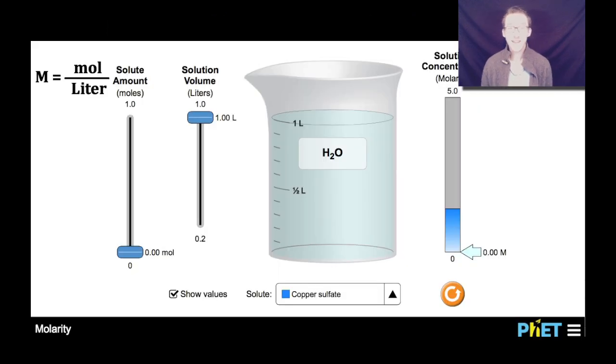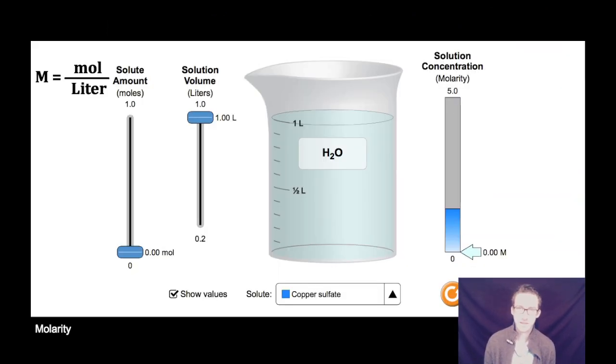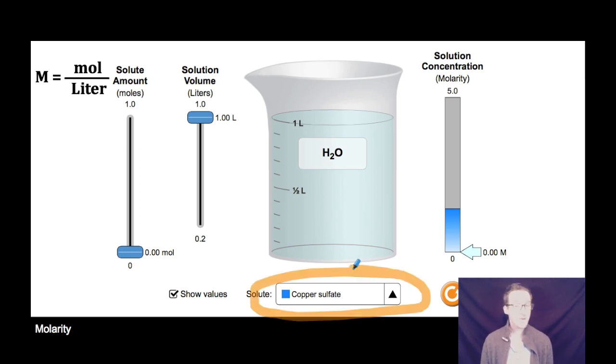Okay, now as fun as it is to work with drink mixes, let's take a look at some solutions that we'll more commonly see in the chemistry lab. The first thing to recognize here is that we're working with a copper(II) sulfate solution. We're going to throw in some numerical values so we can now better understand how we quantitatively would measure concentrations. Notice that I've got 1 liter of water.